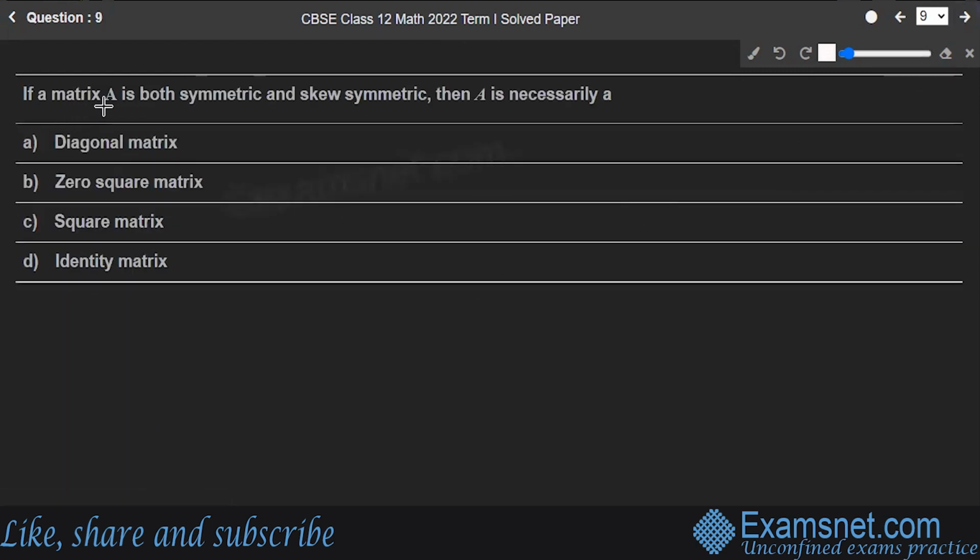If a matrix A is both symmetric and skew symmetric, then A is necessarily a diagonal, zero, square, or identity matrix. Okay, you are given here that A is symmetric matrix, right? Which simply means A transpose is equal to A. And if A is skew symmetric, what does that mean?